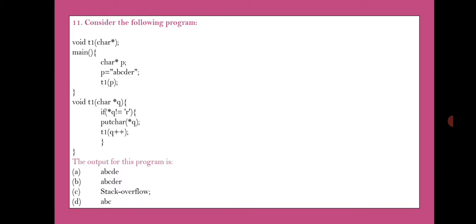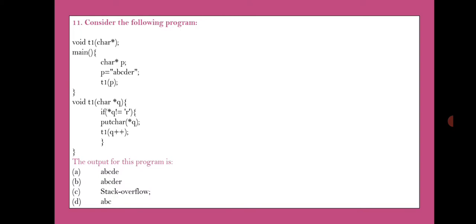First we need to see that q will be pointing to, if we put the string in an array, the first element, that is A, and then B, C, D, E, R, and slash 0 will be there in the array.